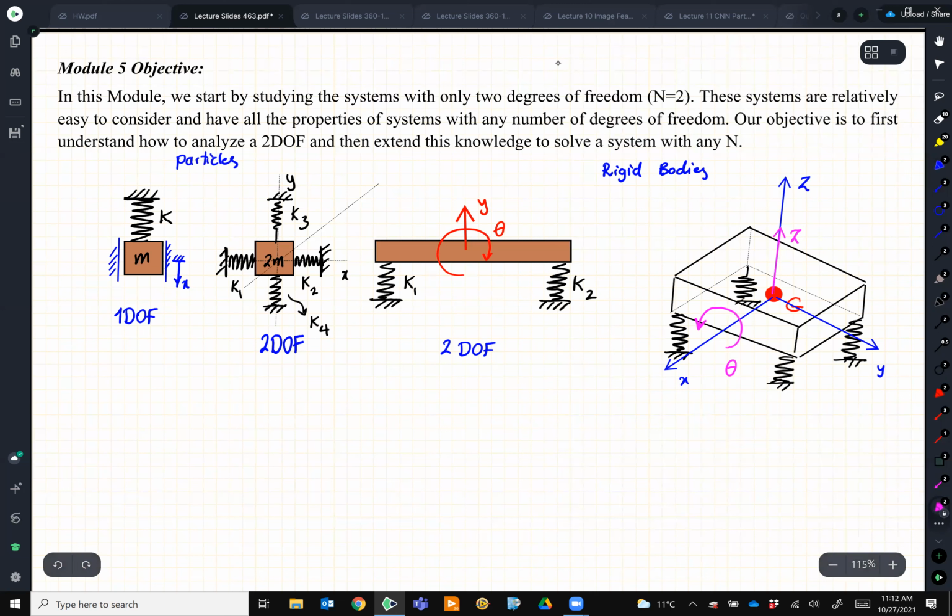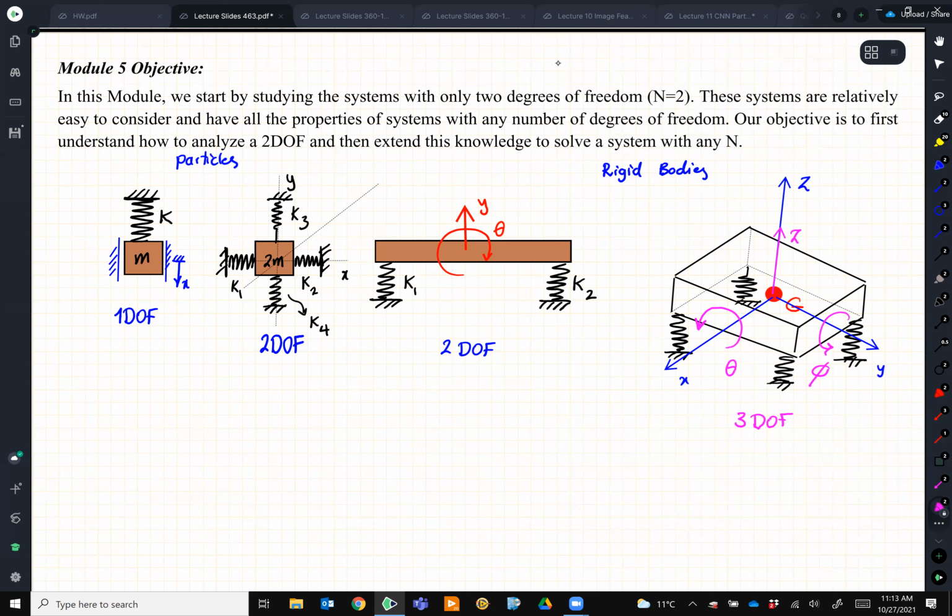And also it can have a pitch or rotation around Y as well. So let's call that one maybe phi, or whatever angle we want to call. So we say this system has 3 degrees of freedom system. So it is a 3 DOF.